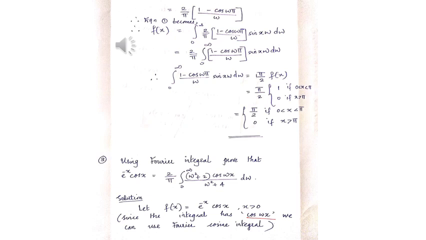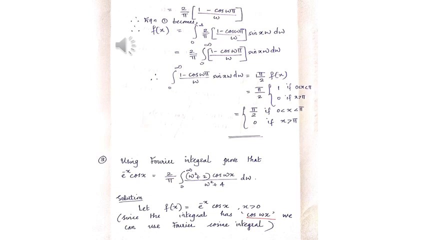Now we can take the integral alone. So pi by 2 into f of x means pi by 2 into the f of x we have taken, which is 1 if 0 less than x less than pi and 0 if x greater than pi. So pi by 2 into 1 gives pi by 2 if 0 less than x less than pi and 0 if x greater than pi. Hence we have evaluated the integral.